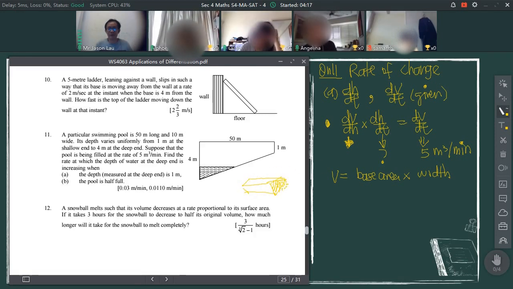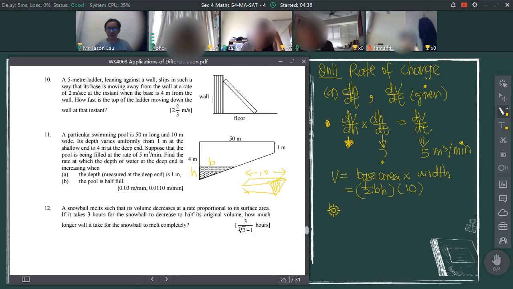So the width is 10. So that's your swimming pool part. So this base area is given by half times base times height, times 10.